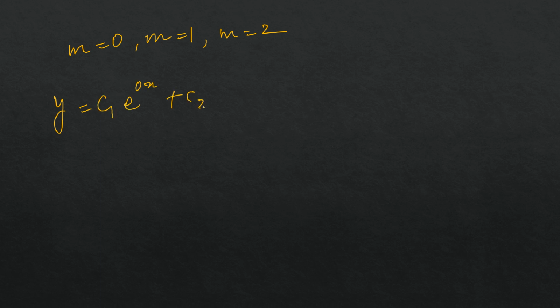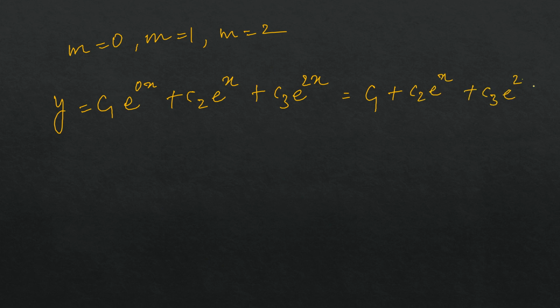So there are three solutions. m is equal to 0, m is equal to 1, m is equal to 2. So y should be c1 e to the power 0x plus c2 e to the power x plus c3 e to the power 2x, that is, c1 plus c2 e to the power x plus c3 e to the power 2x.